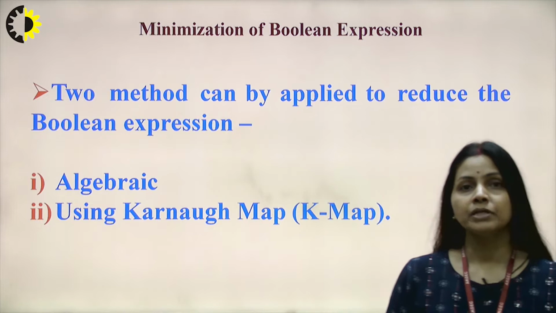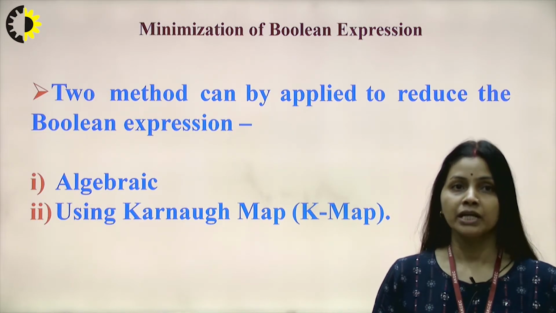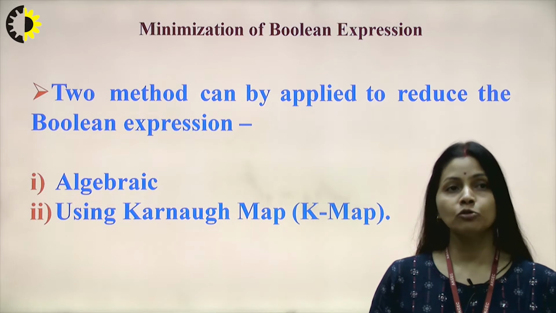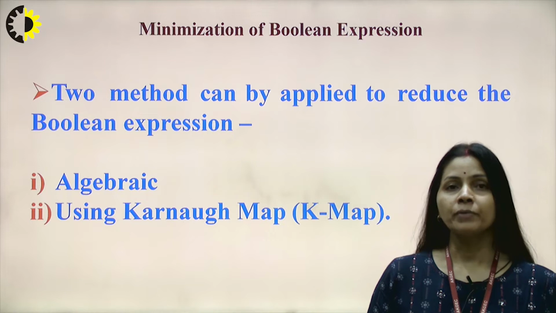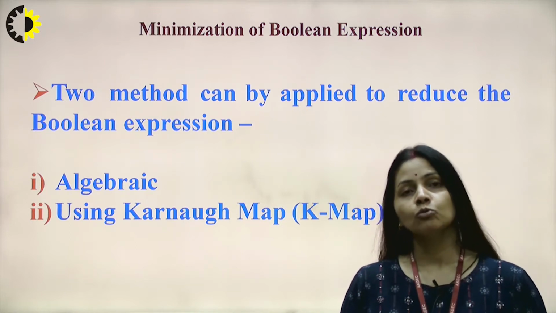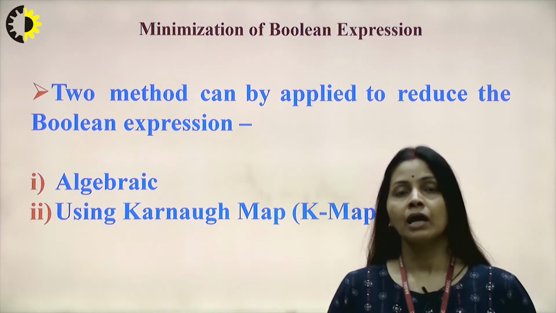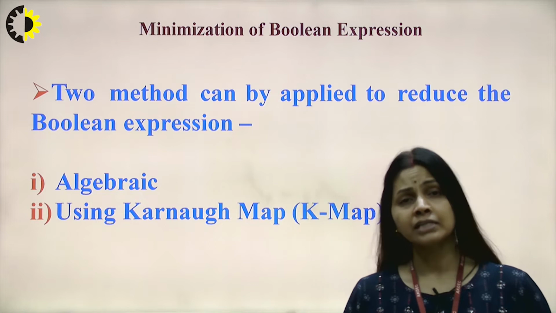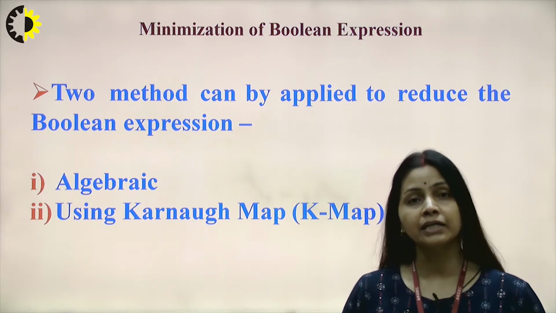K-map is used to simplify or reduce the Boolean expression. One more method we have to reduce the Boolean expression is by solving through various theorems, like De Morgan's theorem, consensus theorem, substitution theorem, redundant theorem.